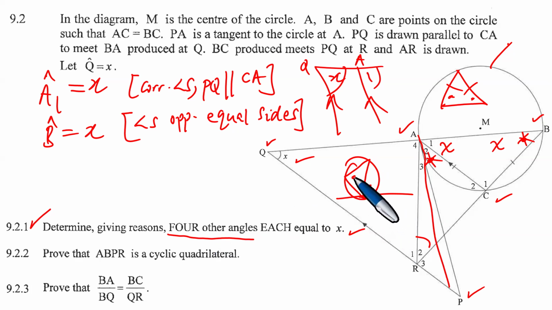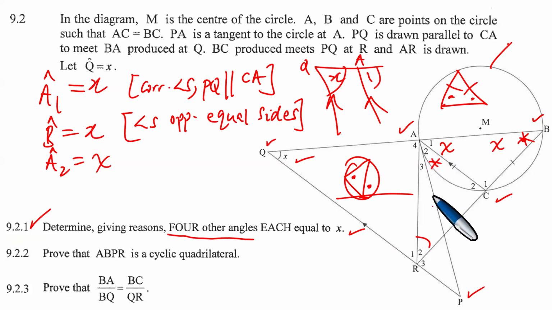So in the end, we have that the angle A2 is equal to X. Here is the angle A2, which is an angle between a tangent to a circle and a chord, equal to the one in the alternate segment. This is the tan-chord theorem.